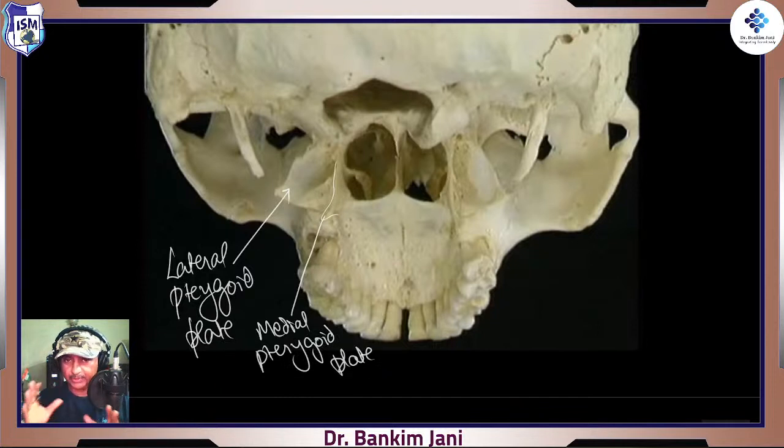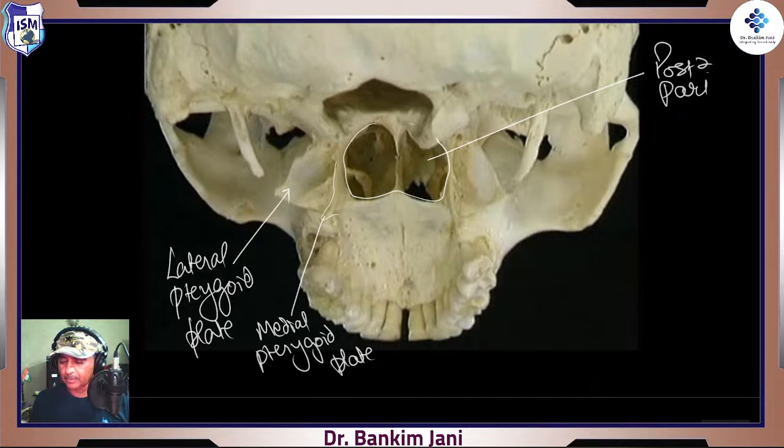Now try to create the entire picture. This is very, very obvious, right? We say that it could be just the opening of the nasal cavity. Looks-wise, immediately we can know that this is the posterior part of the nasal cavity.